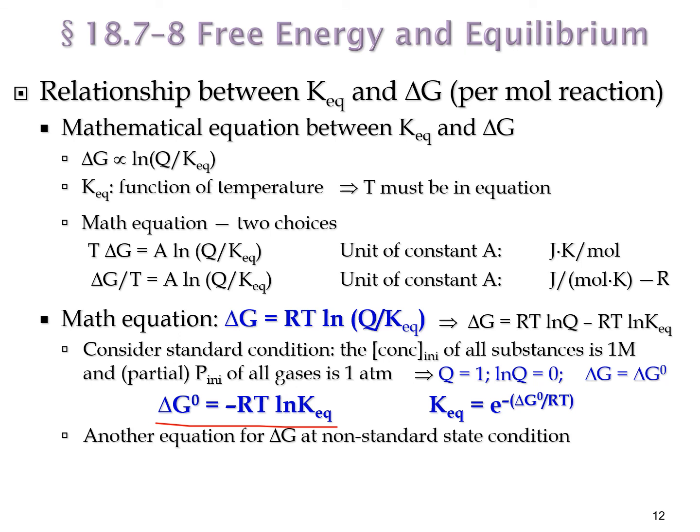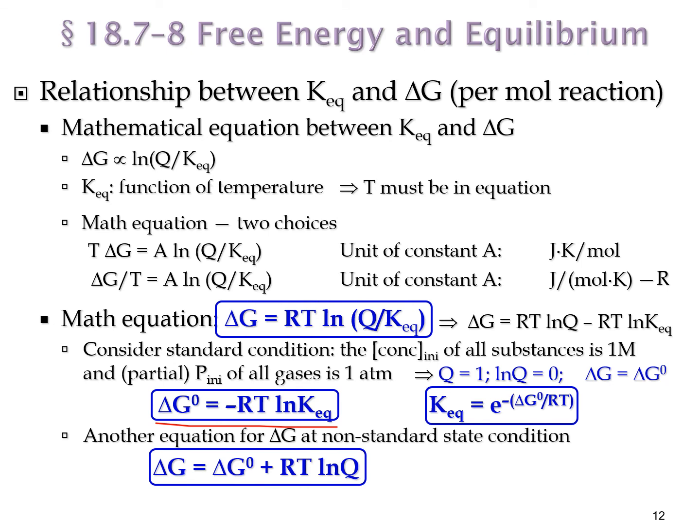Of course, we can get another equation of delta G for the non-standard condition. Since the second part, negative RT log of KEQ, can be replaced by delta G0, delta G equals delta G0 plus RT log of Q. So there are a lot of equations that we have just talked about, but the mother equation of all is this: delta G equals RT times log of Q over KEQ.